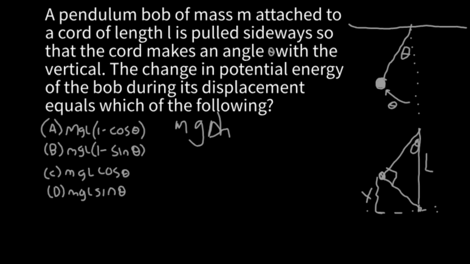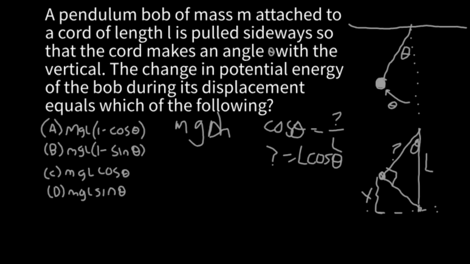So first let's solve for this length. We know cosine of theta is going to be our question mark over our L, adjacent over hypotenuse. So this height here, our question mark, is L cosine of theta.